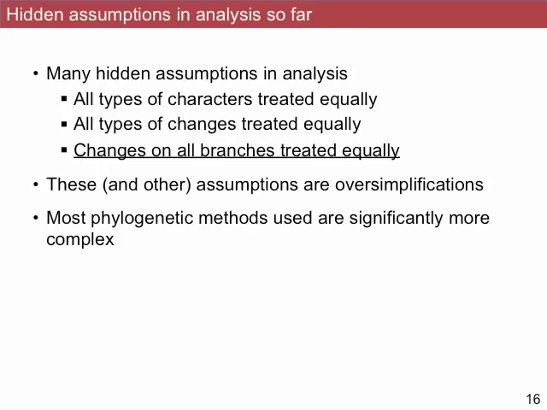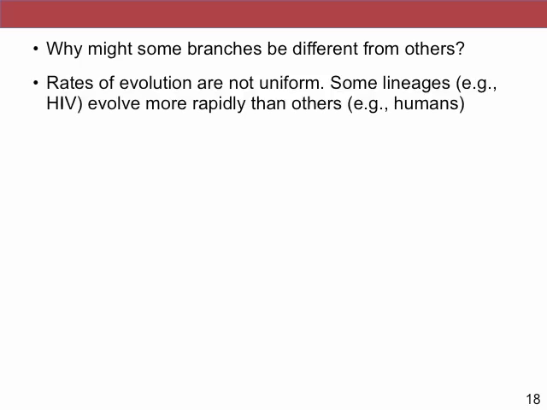So you can imagine a lot of other approaches where the default assumption, where we treated everything in the tree equally, might be violated. Another one is that we were treating changes on all branches equally.